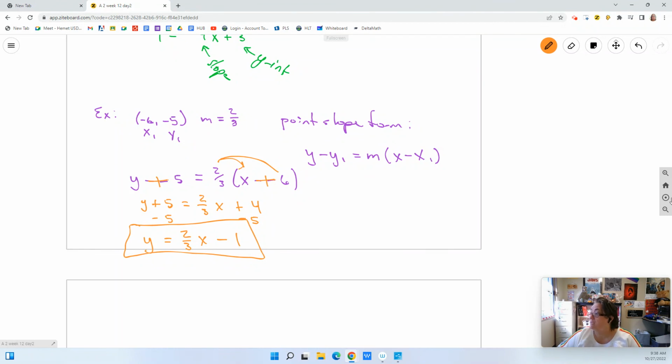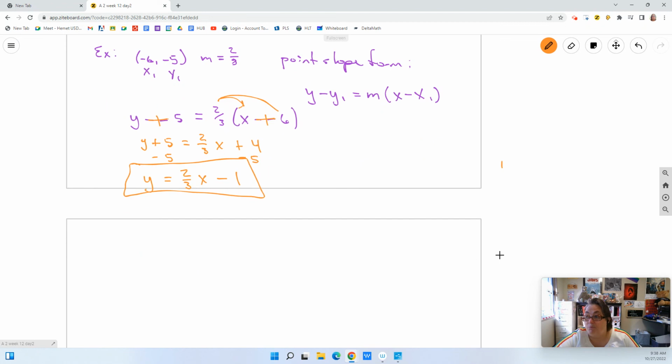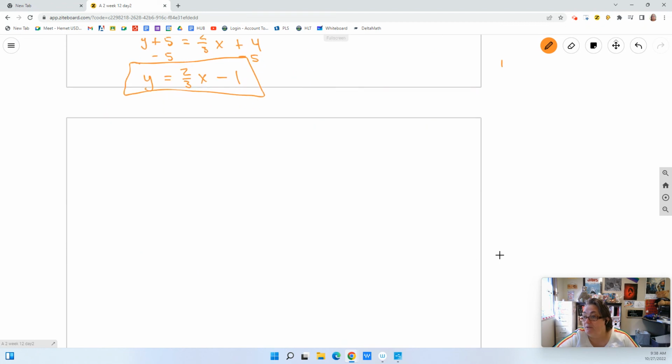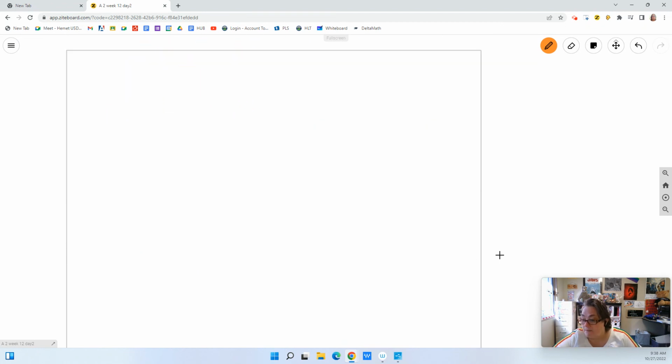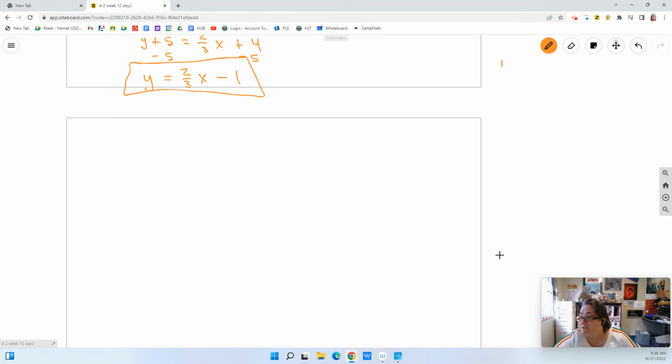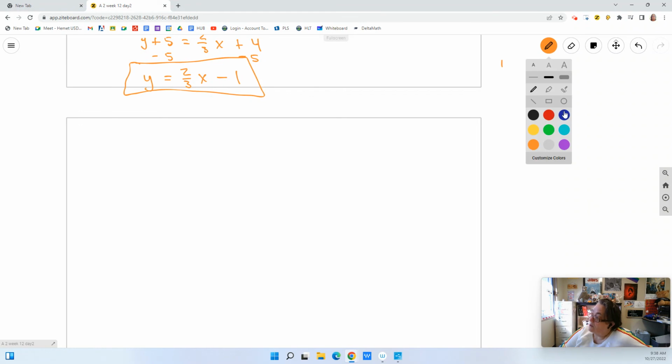But what happens when we aren't given a slope? What happens when all we're given is 2 points? Let me do that so you guys can still see what was going on down there. So if I'm given a slope and a point, it's really easy, right?